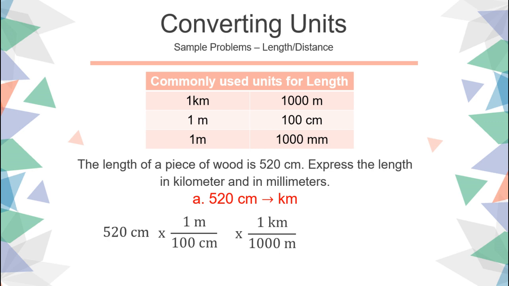Now we get the kilometer, which is from centimeter. Cancel cm again, numerator and denominator, meters. What is left is kilometer. So, same as before, we multiply our given.